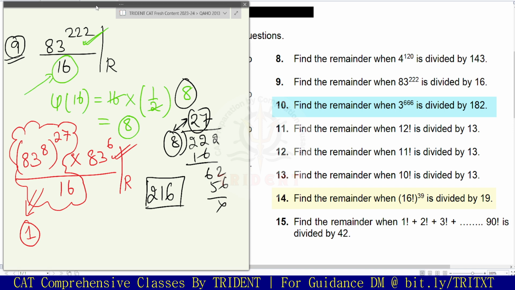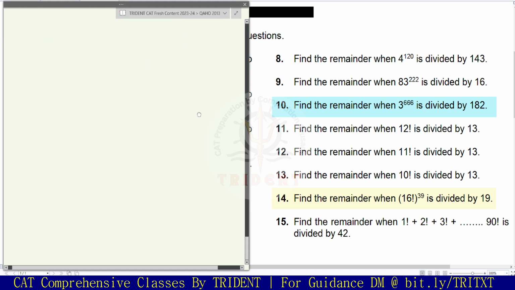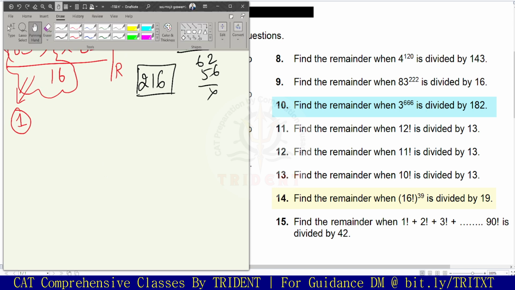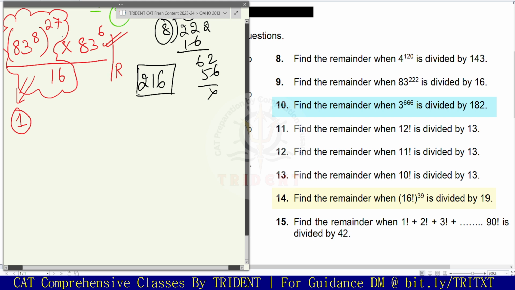Now this would become a little challenging for me to explain, so let's not highlight too much. 16 5s is 80. So this is going to be 3 into 3 into 3 into 3 into 3 into 3.